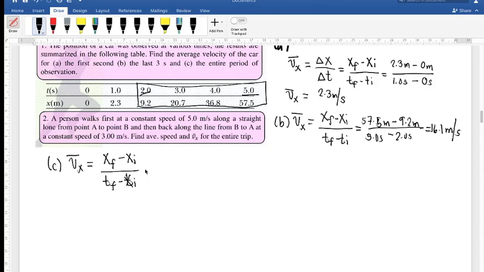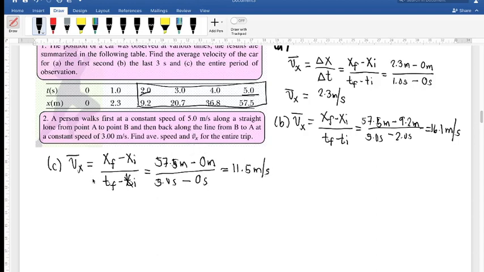So we have here 57.5 meter minus 0 meter divided by the final time, 5 seconds minus the initial time, which is 0. So that is equal to 11.5 meter per second.